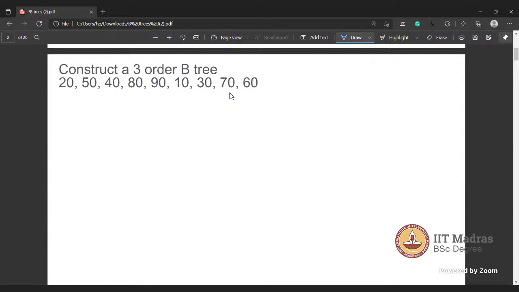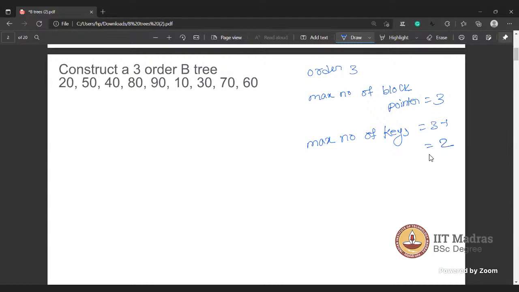How to construct a B tree? Order 3 means the maximum number of block pointers is 3, the maximum number of keys is 3 minus 1, which is 2, and the maximum number of record pointers is 3 minus 1, which is 2.